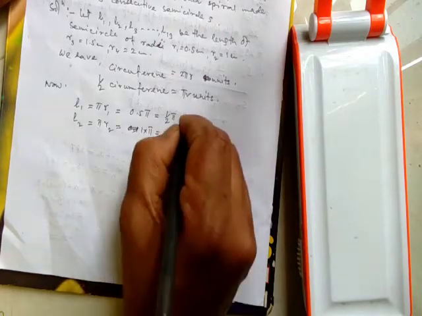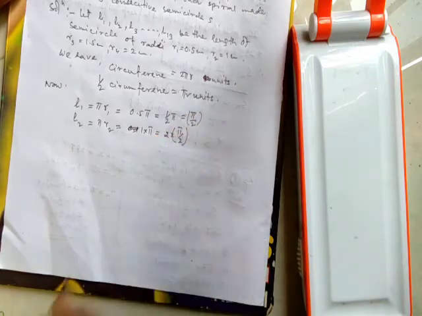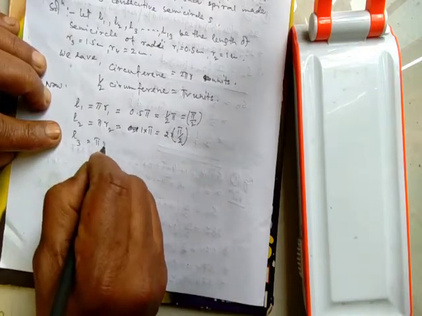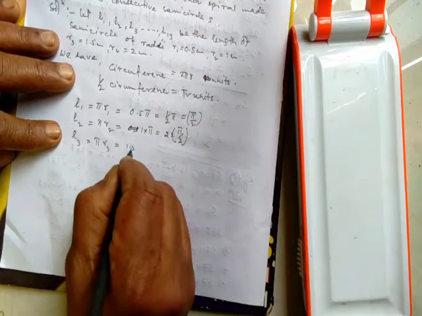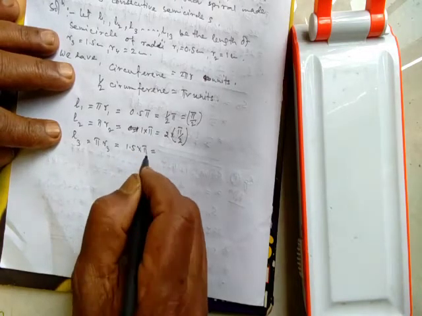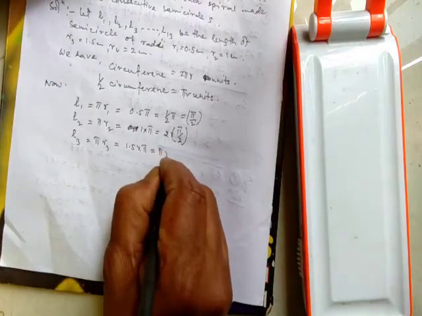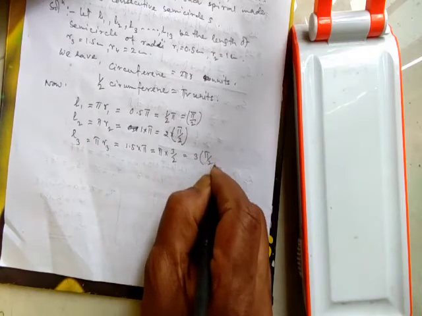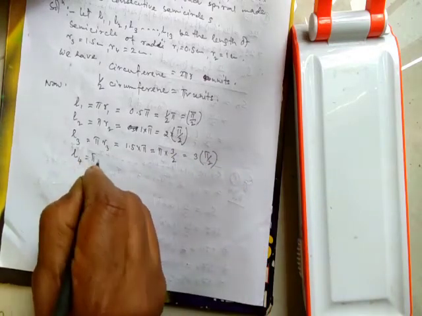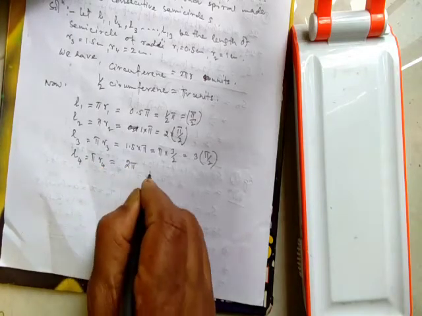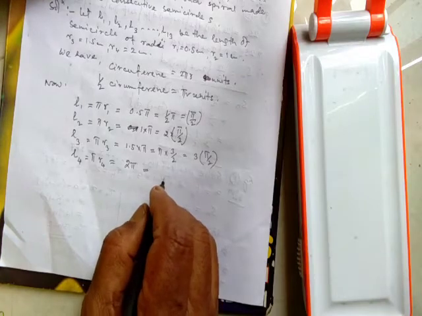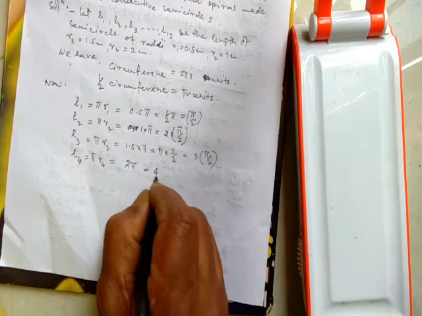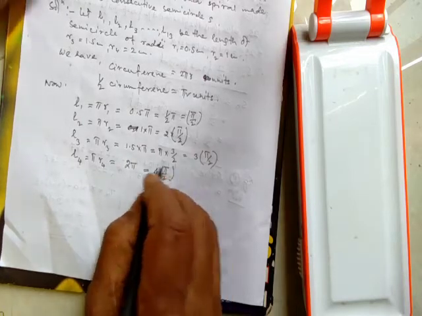I can write this as pi by 2, or 2 pi by 2. L3 is equal to pi r3, which is 1.5 into pi, which is pi into 3 by 2, equal to 3 pi by 2. L4 is equal to pi r4, which is 2 pi, equal to 4 pi by 2. I can write it like this.